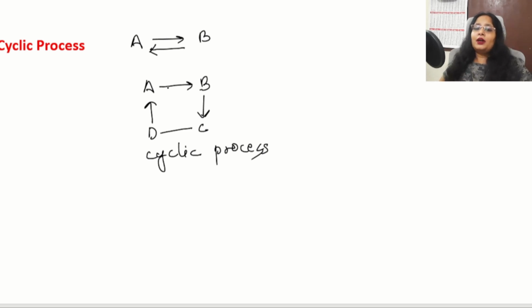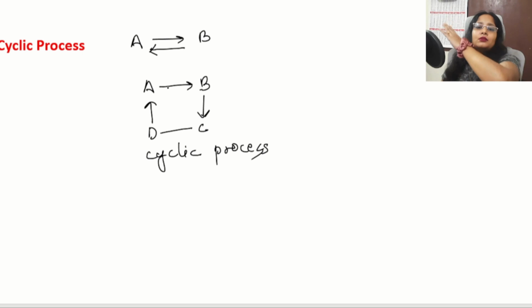Like suppose there is a river and vapors are formed from that river and clouds are formed just above the river, and suddenly the clouds will start raining and the water will fall down in the river. It means vapors go up and clouds give the water down. It means going and coming from the same path. This is called reversible process. Now suppose just above the river clouds form.